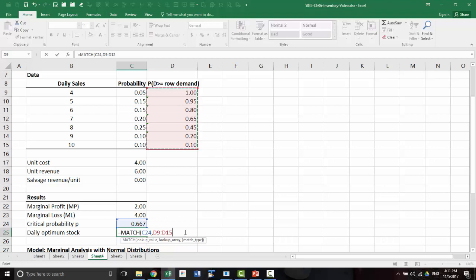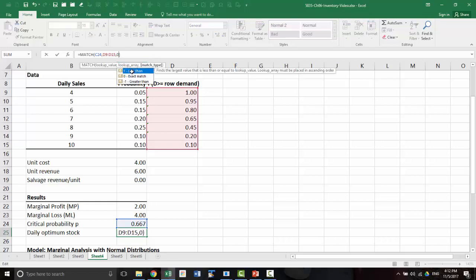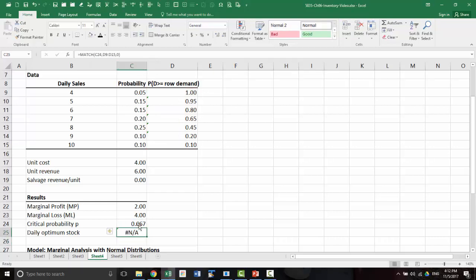Then you have the match type. There are 3 different match types: 1, 0, and -1. If you put 1, it goes over the 0.667. If you put 0, then it gives you an error. If you put -1, then it gives you the row number correctly.